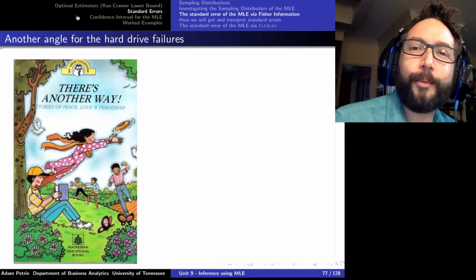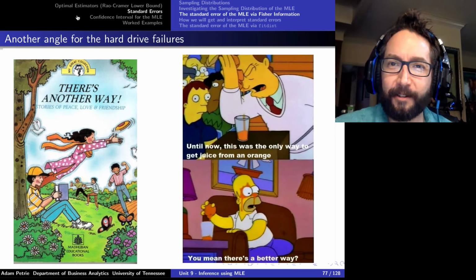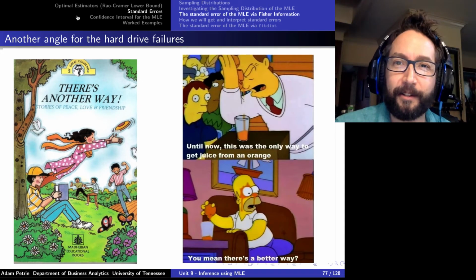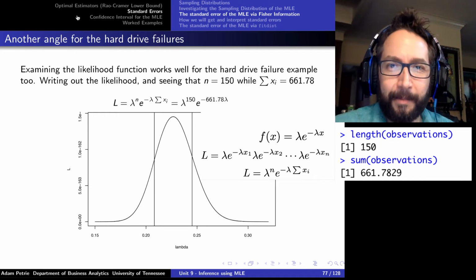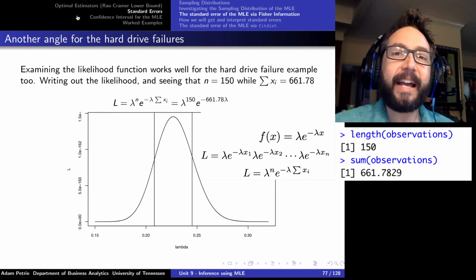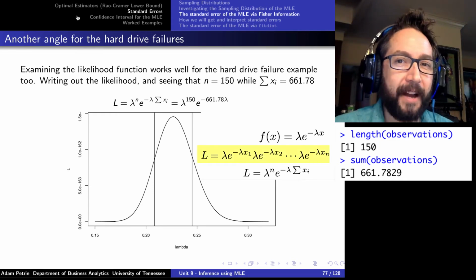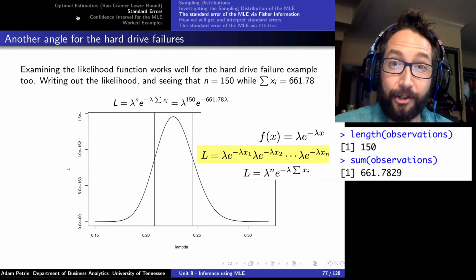Now, here's another way to come up with the formula for the standard error, or at least a numerical value for that standard error, that you might find equally appealing. When we get the MLE estimate for lambda for an exponential distribution, we write out the likelihood and then figure out what value of lambda makes the likelihood reach its peak.